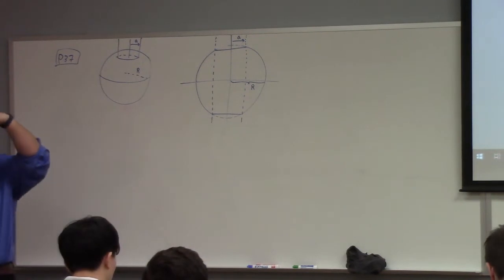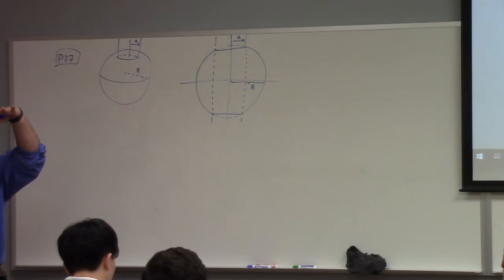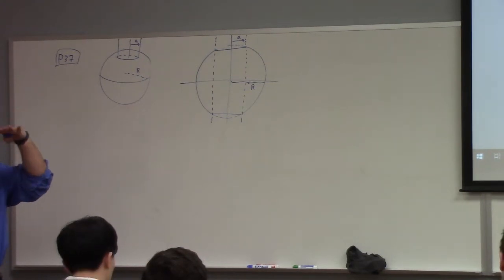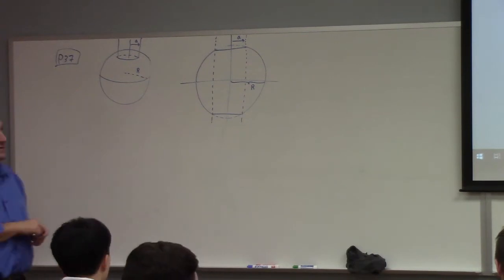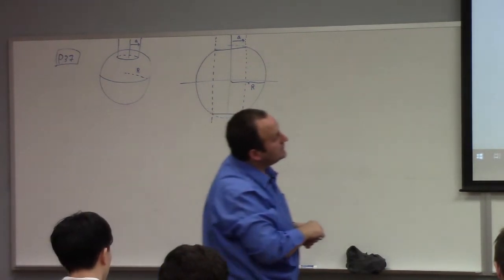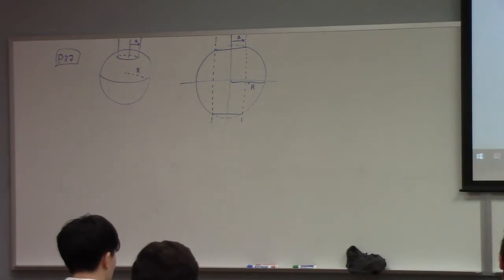You're chopping off like the top sliver of the sphere, right? Because as you drill through, you're flattening out essentially. You're cutting a cylindrical hole through the middle of the sphere is what the problem's asking about, right? Cylindrical hole of radius a less than r drilled through its center. Find the volume of the resulting solid.